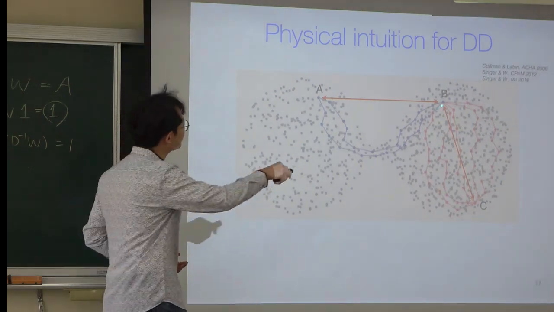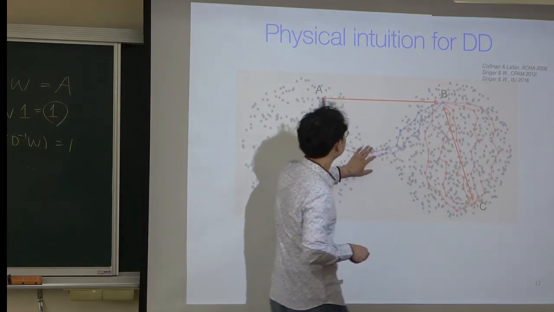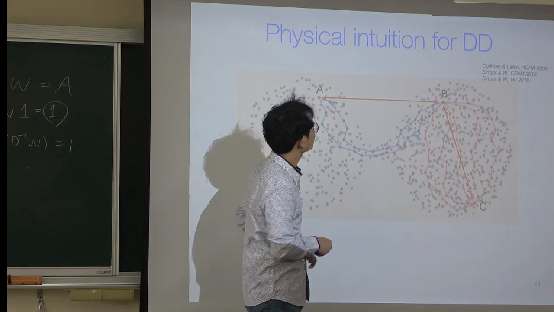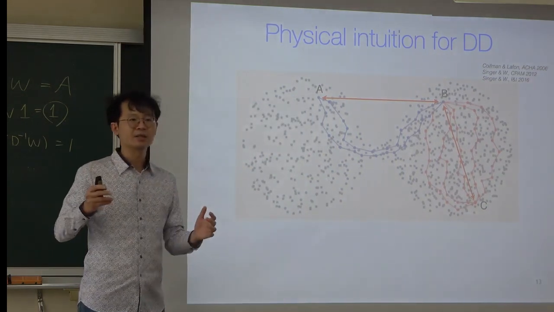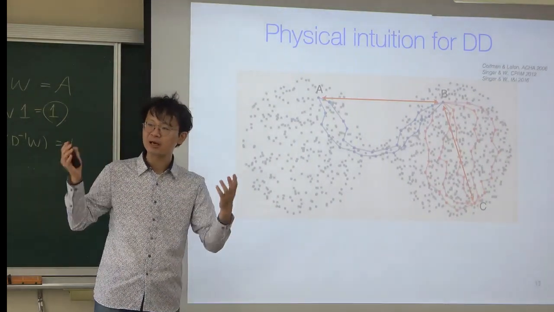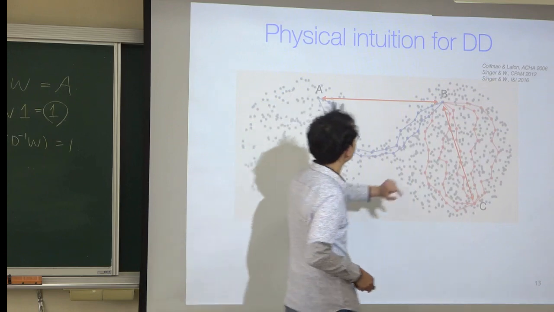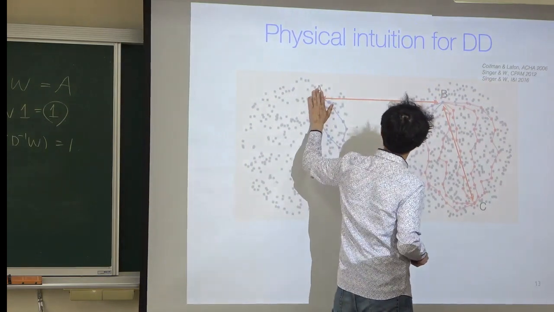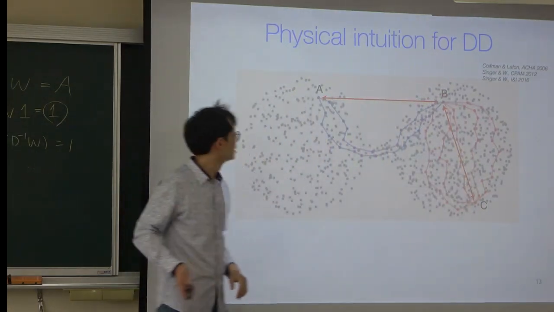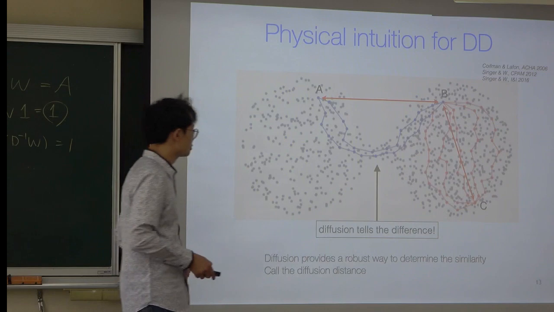But if you want to diffuse from B to A, there are not many paths you can choose. So if you measure distance using the idea of time, how much time you need to diffuse from one point to another, then from B to A the diffusion takes longer, but from B to C the diffusion is shorter. And that is actually the idea of diffusion distance.